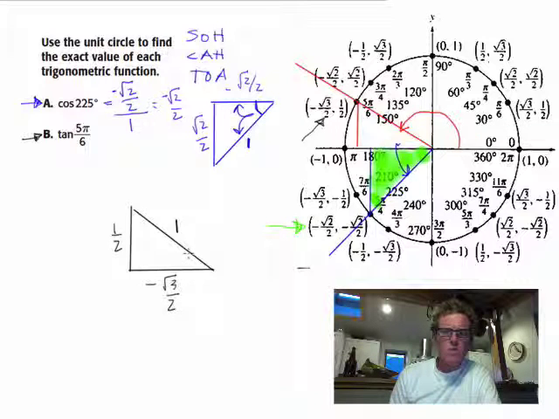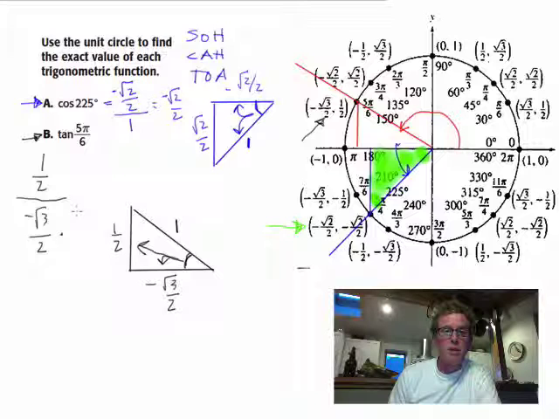Okay, we're building off of this angle right here, and the tangent is going to be opposite over adjacent. Okay, and so this is going to be 1/2 divided by negative root 3 over 2. Now, another way that we can write this, if I wanted to get rid of this denominator, is I could multiply by the reciprocal.